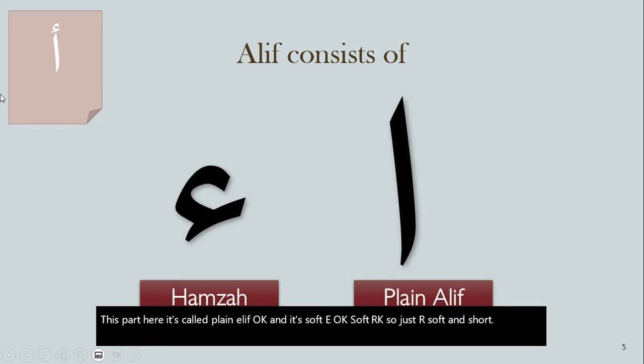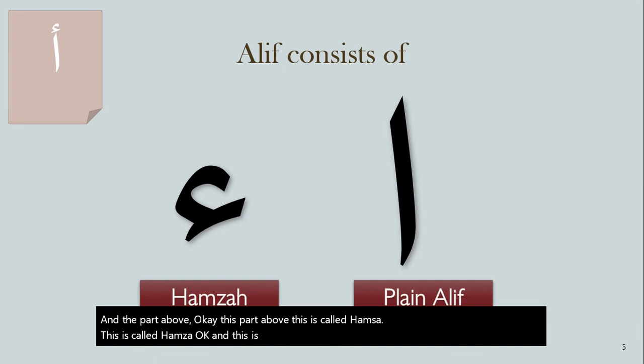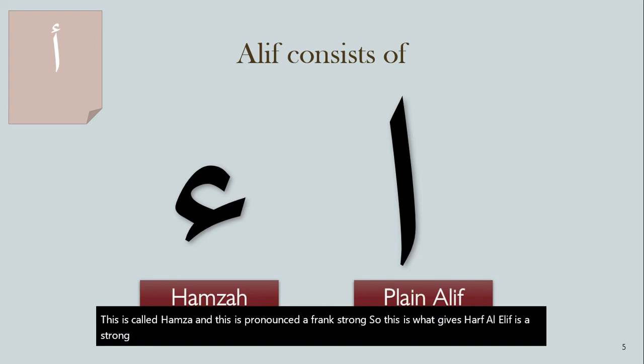And the part above, this is called Hamza. And this is pronounced like a frank, strong ah. So this is what gives حرف الألف its strong ah sound. Without it, it's just a soft ah.